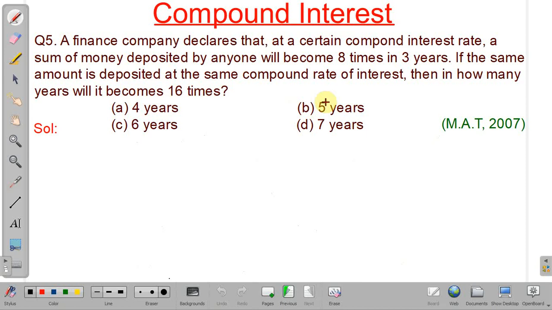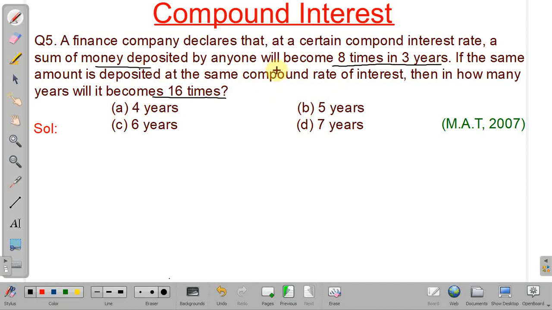See, in this problem, what is given? A finance company declares that at a certain compound interest rate, a sum of money deposited will become 8 times in 3 years. Okay, so if the same amount is deposited at the same compounded rate of interest, then in how many years will it become 16 times?